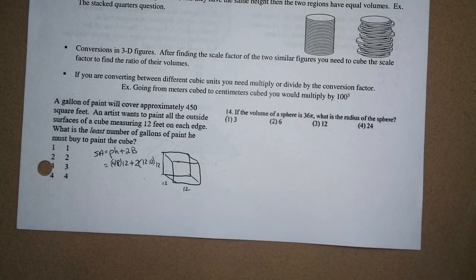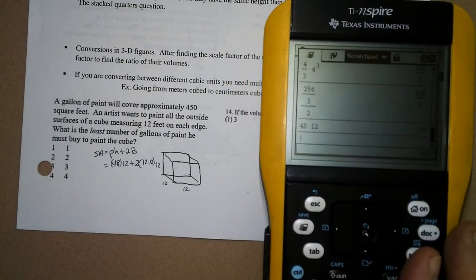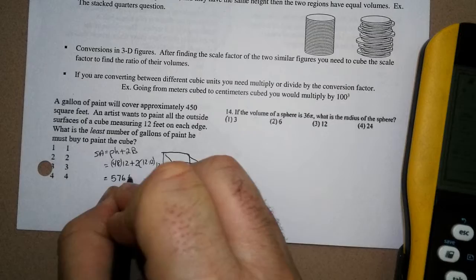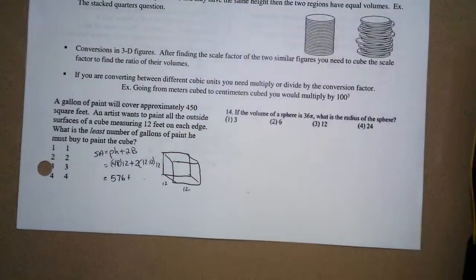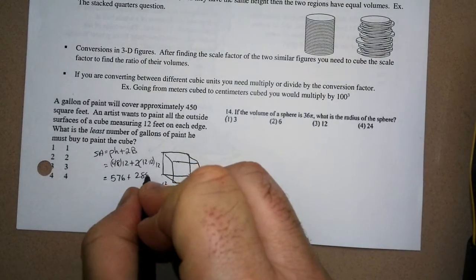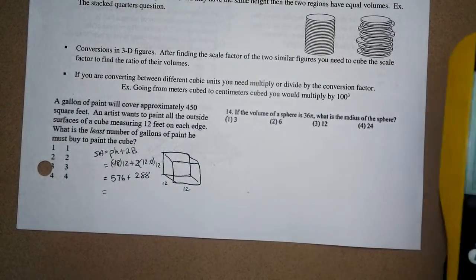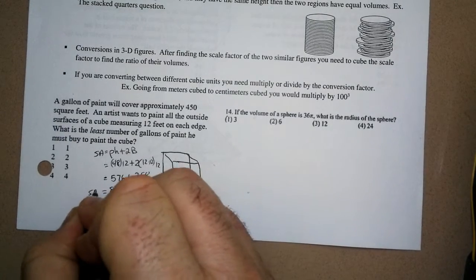So we get 48 times 12, which is 576, plus 12 times 12 times 2, which is 288. We add those two together, and we get 864. And that's the surface area.